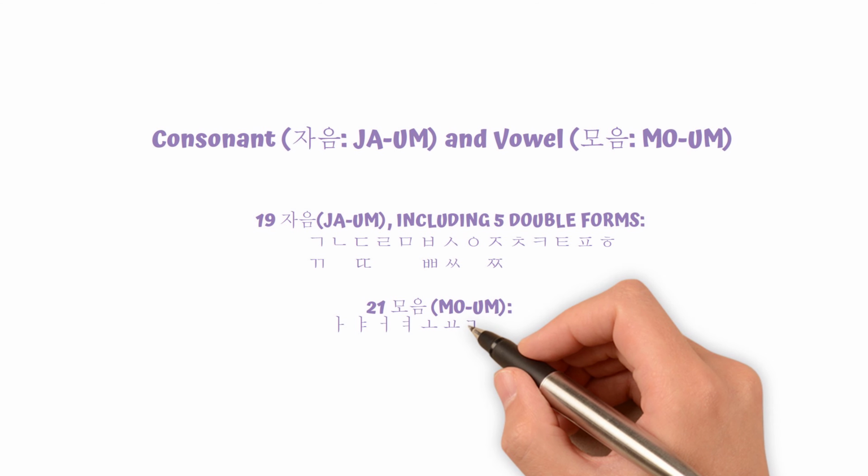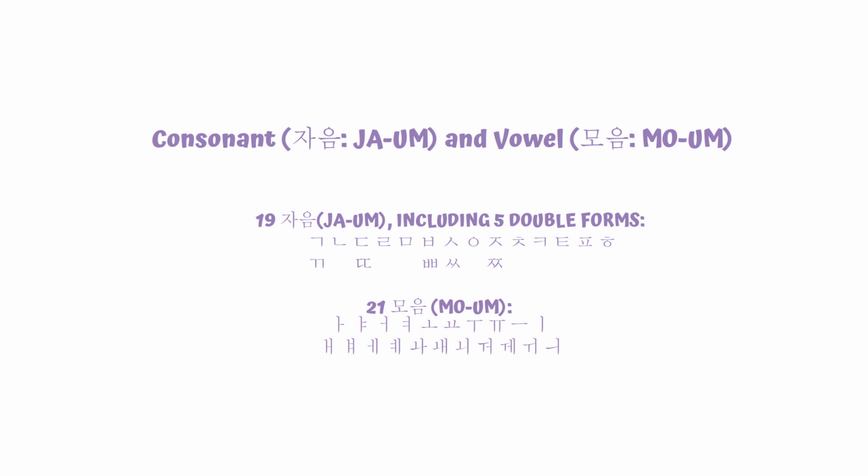And we have 21 MO-UM, but I emphasize that there are 3 things to remember: the land, the sky, and the human. And then the rest is a mix and match game. And it goes like this. 아, 야, 어, 여, 오, 요, 우, 유, 으, 이.